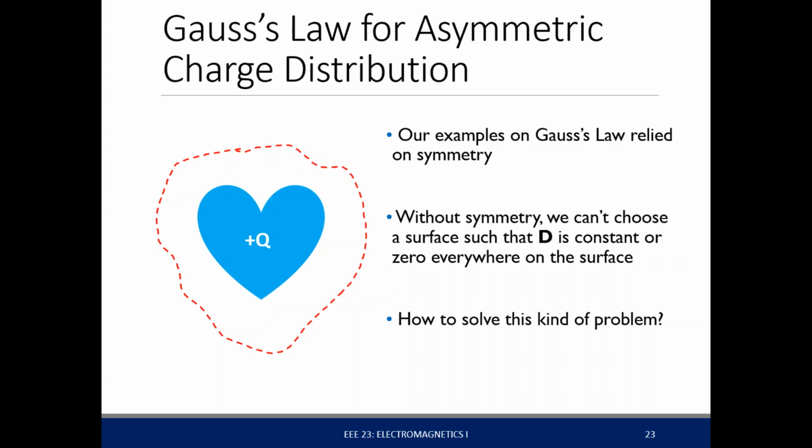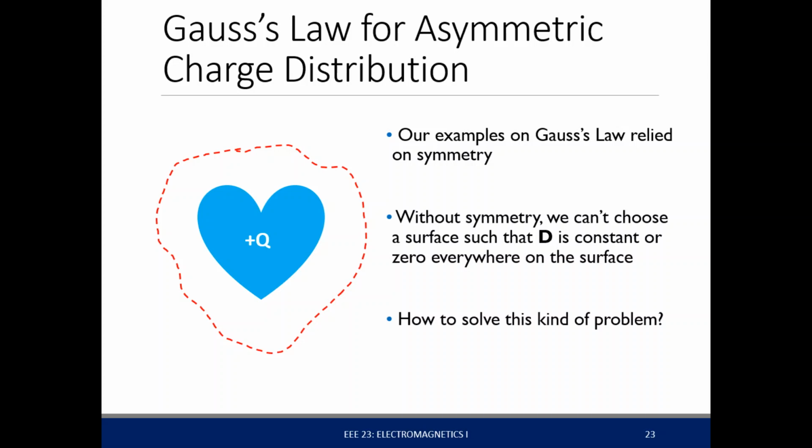So just a recap, Gauss law, as we have talked about it, when we want to solve for an unknown electric flux density, we usually take advantage of symmetry. But how about for distributions that are not exploitable with symmetry?